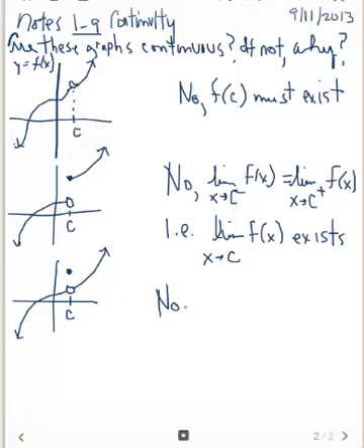No. Why not? Because what must be true in order for it to be continuous? Well, in this graph, to make it continuous, the functional value at C, whatever this y value is, must equal the limit as x approaches C. We've had a little look at this earlier in our year.